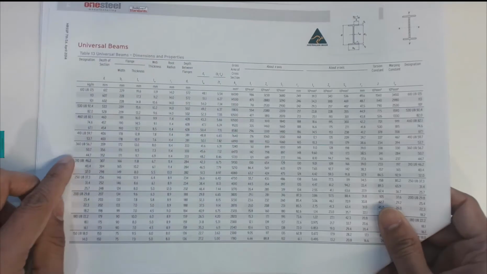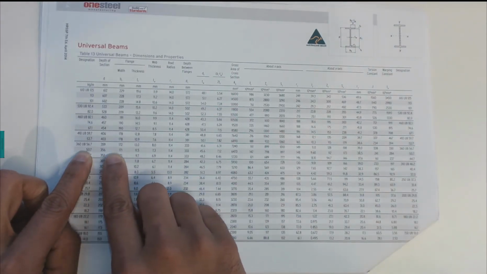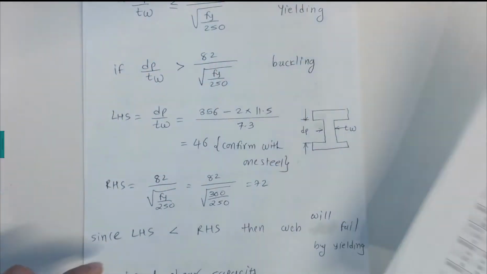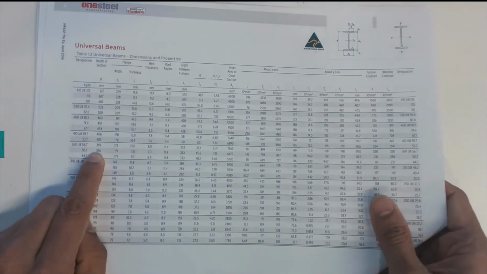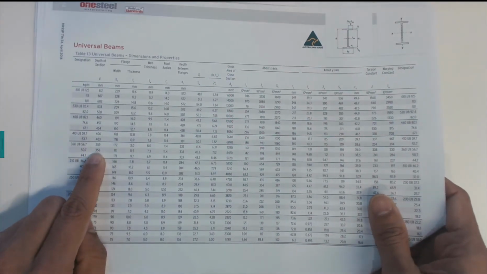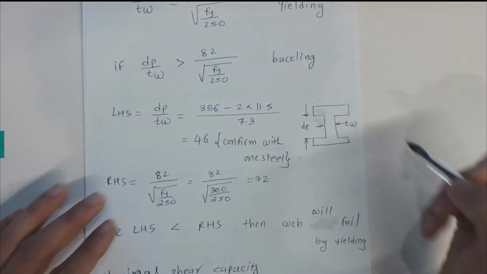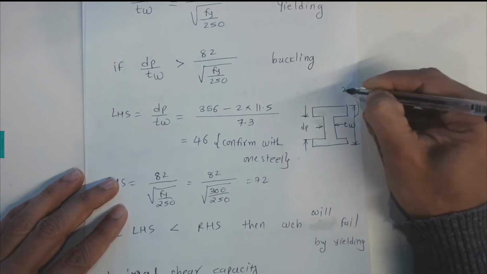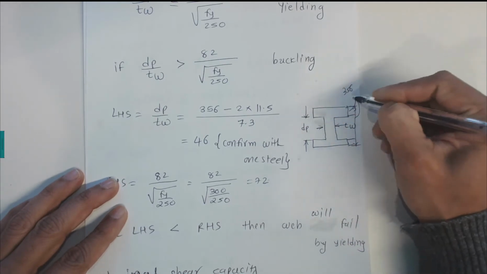So for the 360 UB 50.7, the dp value that we are going to find is the depth between the flanges, which is 356, the depth of the whole section, take away the two flange thicknesses, which is 11.5 each.